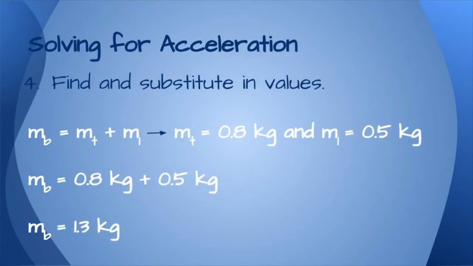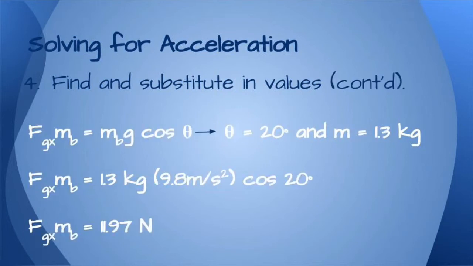So the next step is to find the combined mass on the plane and the force of gravity in the x direction on the plane, as well as the friction on the plane, so the coefficient. The first equation is that the mass of both objects is simply equal to the mass of the turtle plus the first mass. The mass of the turtle is given as 0.8 kilograms, and the first mass is given as 0.5 kilograms, so that's equal to 1.3 kilograms.